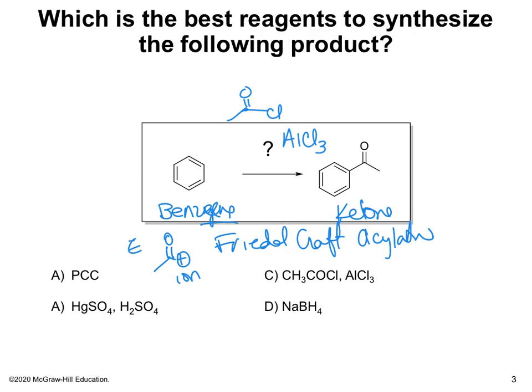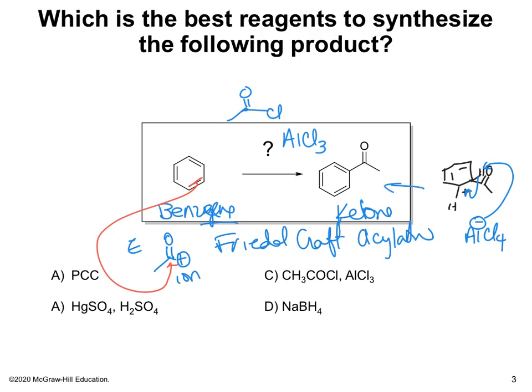And if you remember correctly, this goes through a sigma complex mechanism there. And you have the hydrogen here, positive cation, and then the AlCl4 minus will then do the rearomatization to give you your ketone.